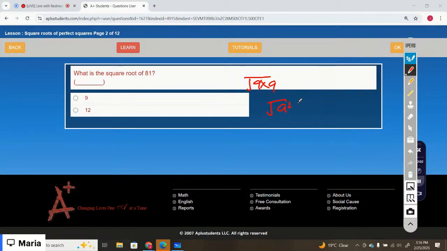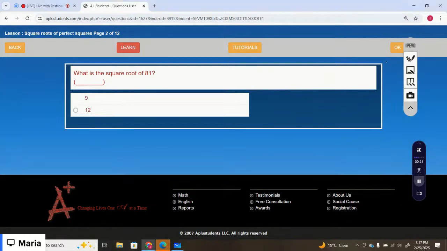That is 9 square, the square and square root cancel out. We are left with 9. That is option number 1, 9 it is.